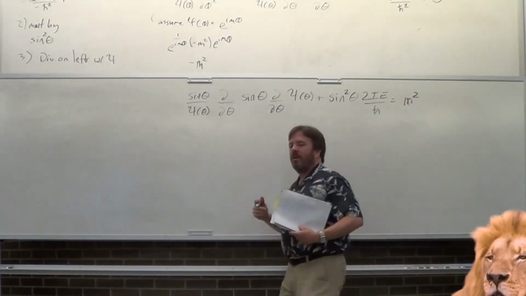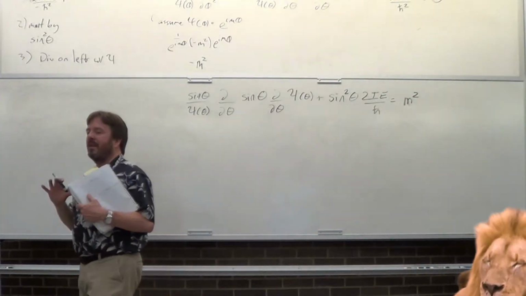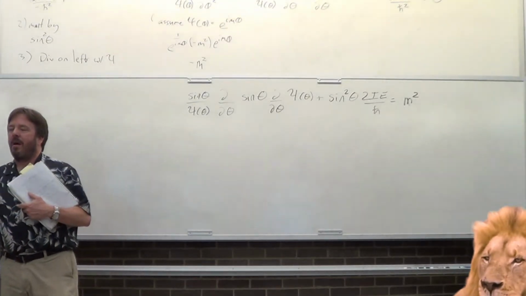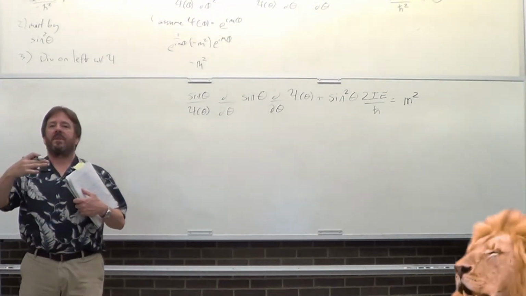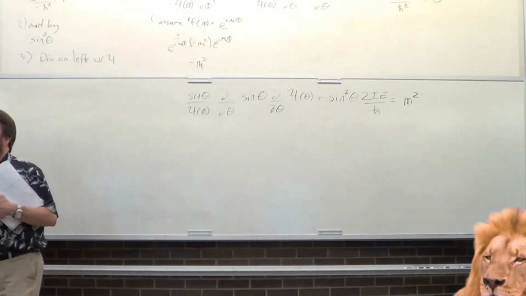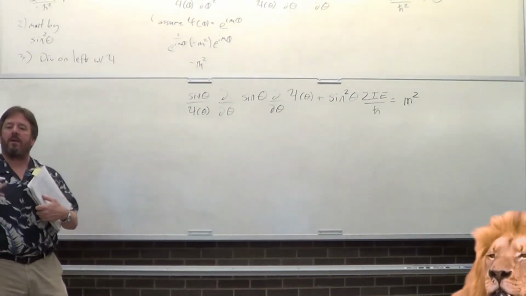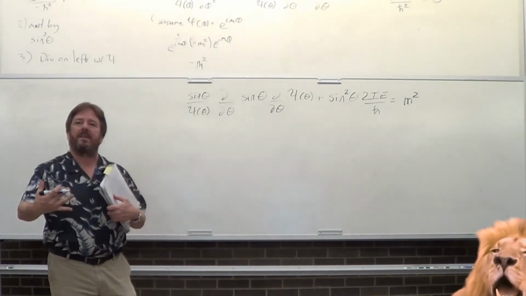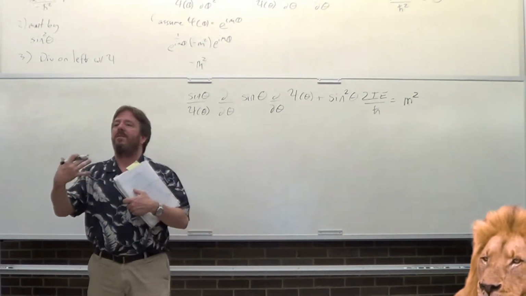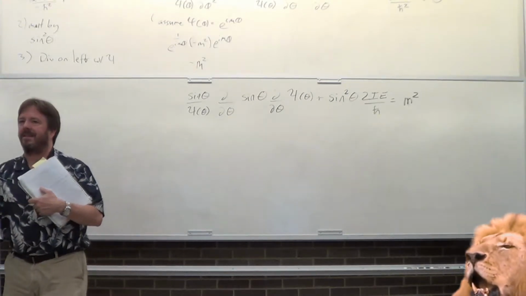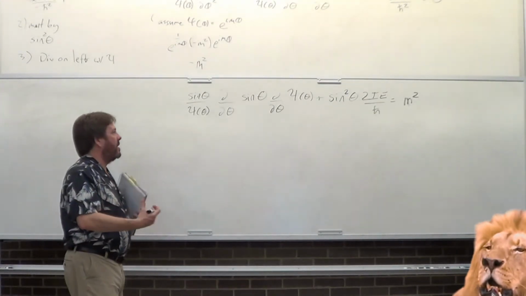Now remember, and I'll send an email reminder, when you do these types of differential equations and these separations, you may find that the whole differential equation is equal to a constant. When you separate them, you divvy up the constant into pieces, and it's not always straightforward to know how to do that.